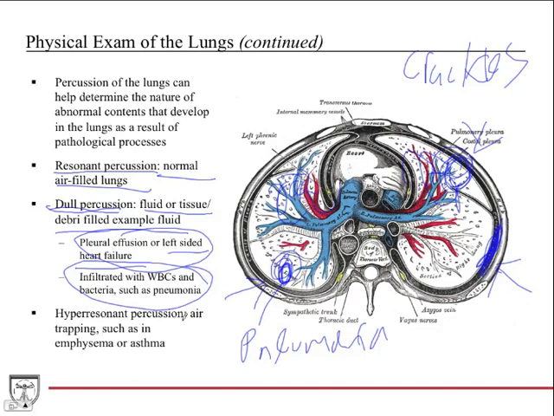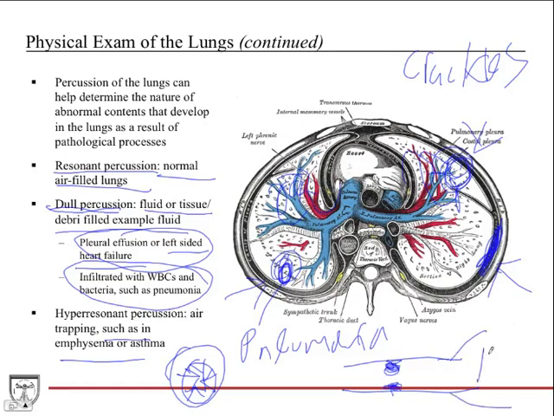Hyperresonant percussion, this is air trapping, such as in emphysema or asthma, again, obstructive airways. By narrowing the airway, it's the same thing as any other tube. If you narrow it, you're going to have air build up, okay?